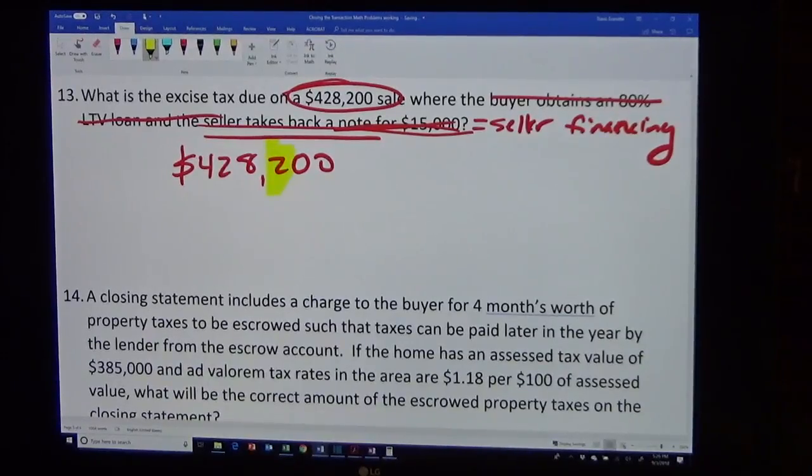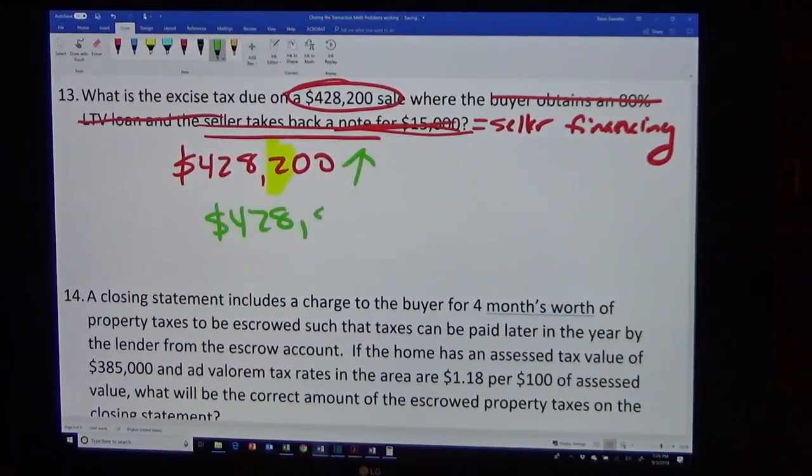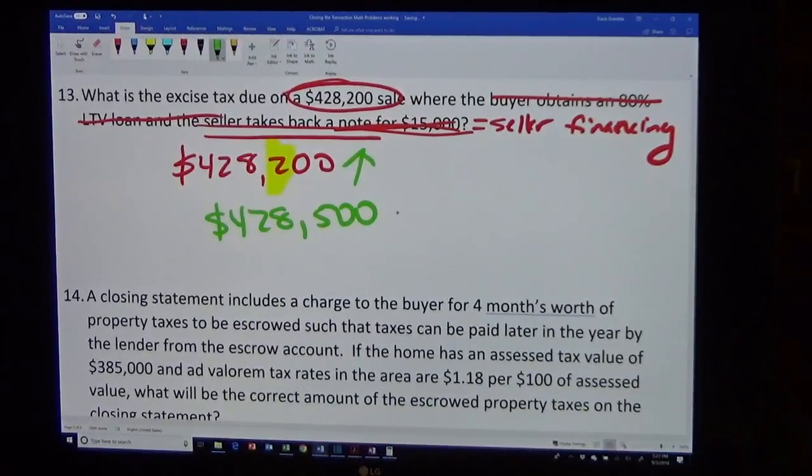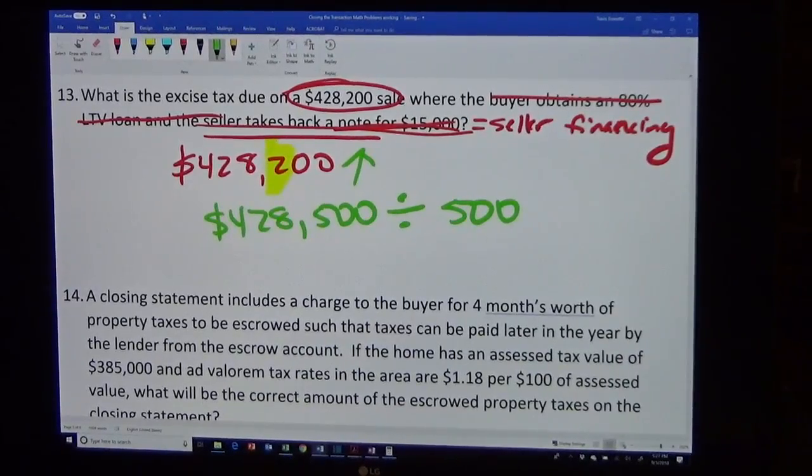And we always round up. So this is not going to be 428,200, this is going to be 428,500, because it's always got to be in multiples of 500. And then we're going to divide that by 500 because that's the rate for excise taxes.